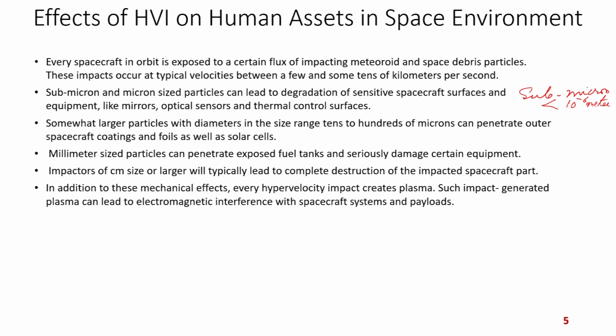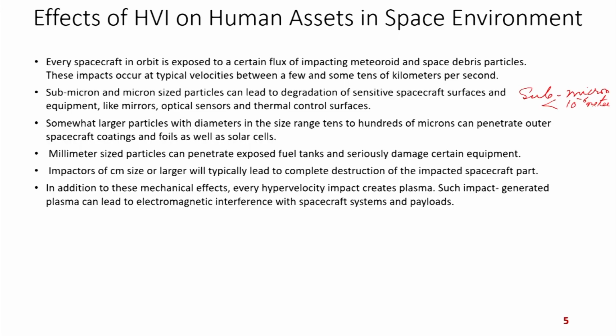Because of the high energy of the impinging particles, and this energy transfer, some of the particles from the impact can get charged. That is why the term plasma is used.